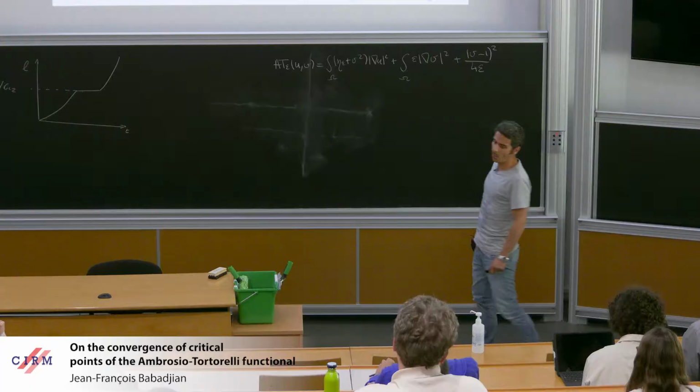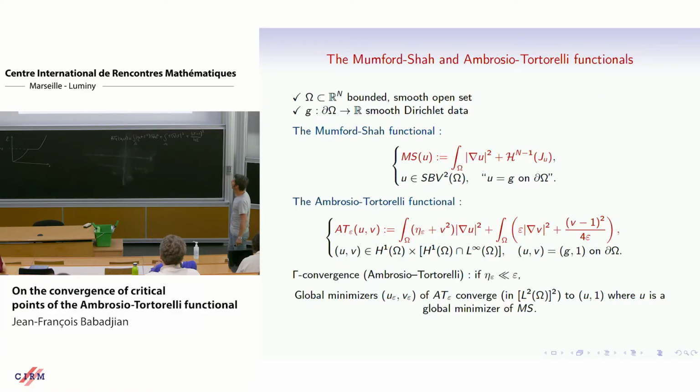Okay, and one very good thing about this functional with respect to the Mumford-Shah functional is that it doesn't involve singular fields, because this energy is now well defined for fields U and V which are in the Sobolev space H1.